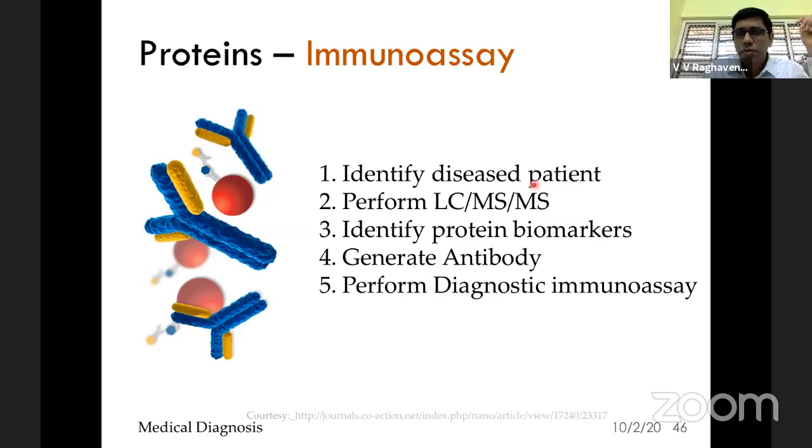You identify disease patients and collect the sample, you perform LCMS, identify the protein biomarkers, generate antibodies, and then generate the diagnostic immunoassay. This is the procedure that you typically have. But what you see in labs is only this: perform the diagnostic immunoassay. That's it.